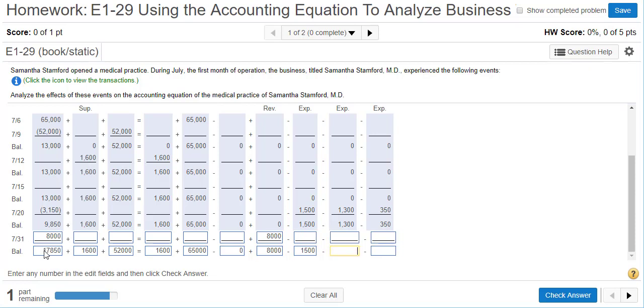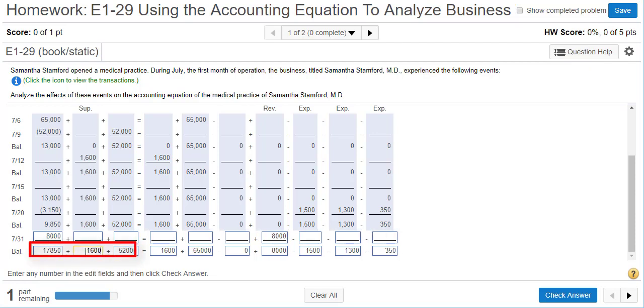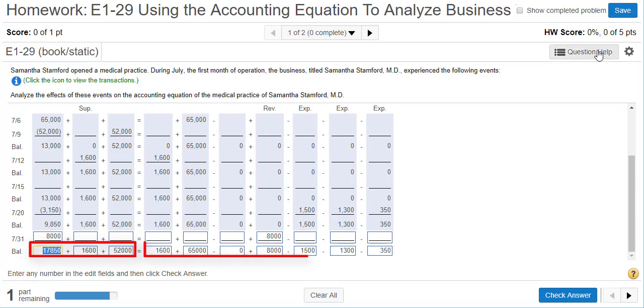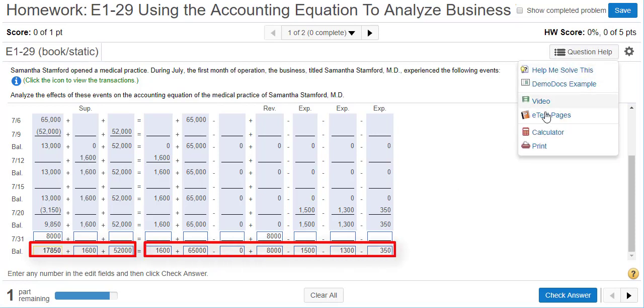We still have some expenses. And remember, to get these balances, I'm just finding the last balance and adding the new entry, which in this case was 0. Then we're going to double check that this plus this plus this on the left side equals this. And this time I'm going to actually do that.